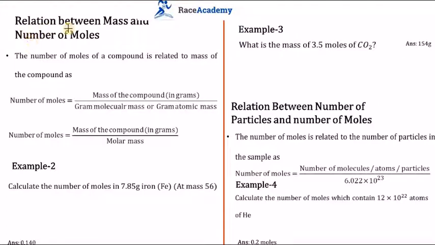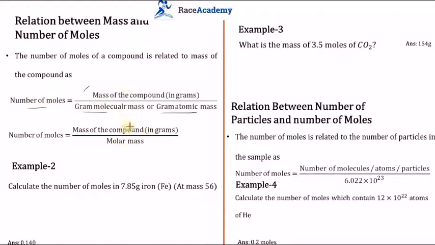We have a relation between mass and the number of moles. What is the relation between mass and number of moles? Number of moles is equal to the mass of the compound given divided by gram molecular mass or gram atomic mass, which is known to us.